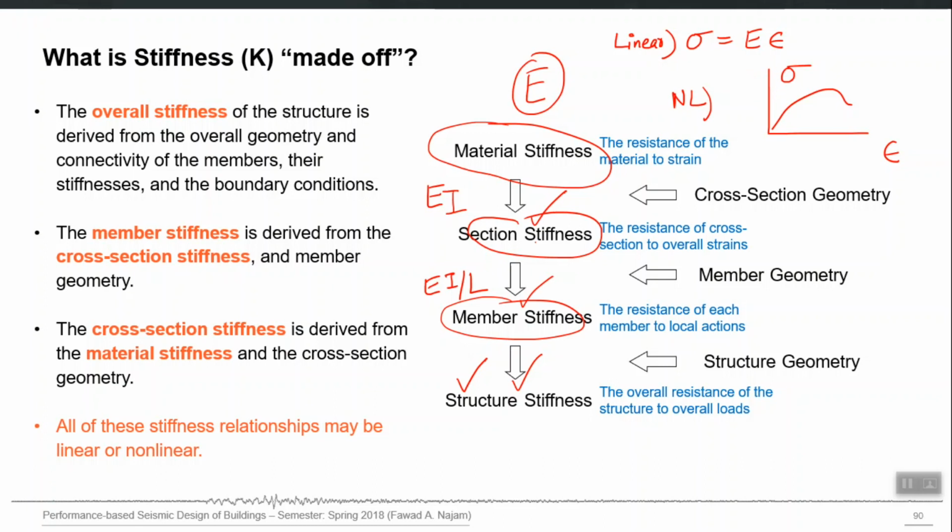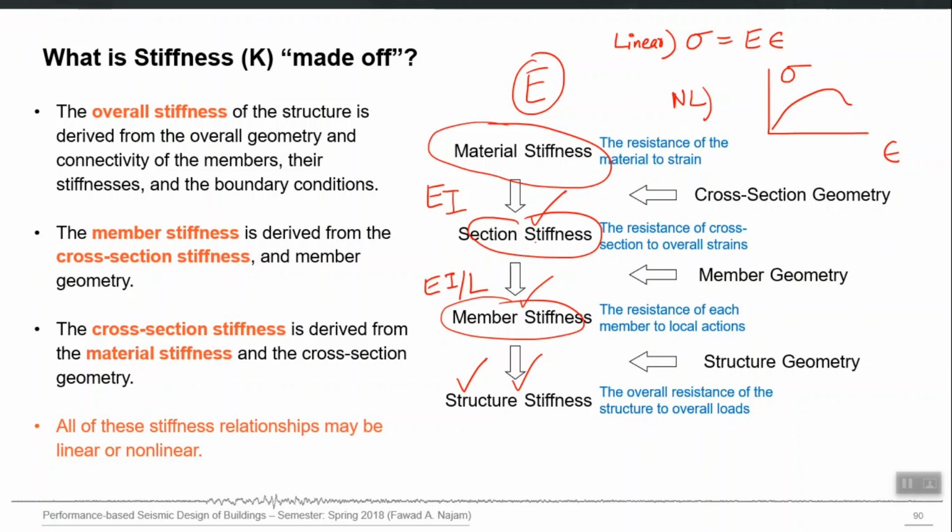Now in a nonlinear computer model, we have to define nonlinear stiffnesses or the nonlinear relationship between action and deformation, right. But we can do that at any of these three levels.